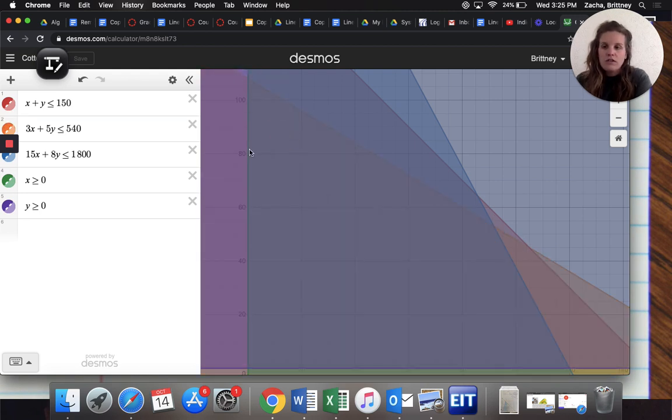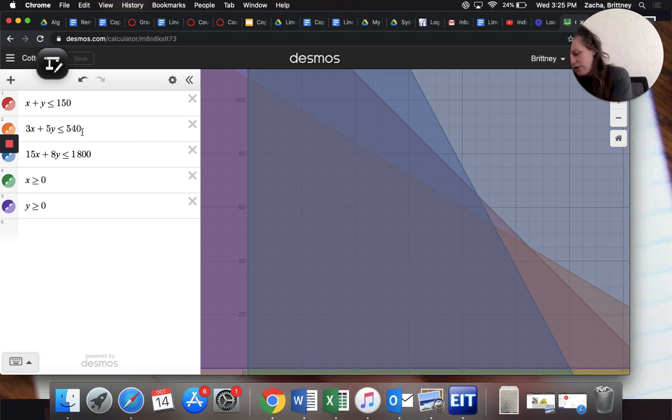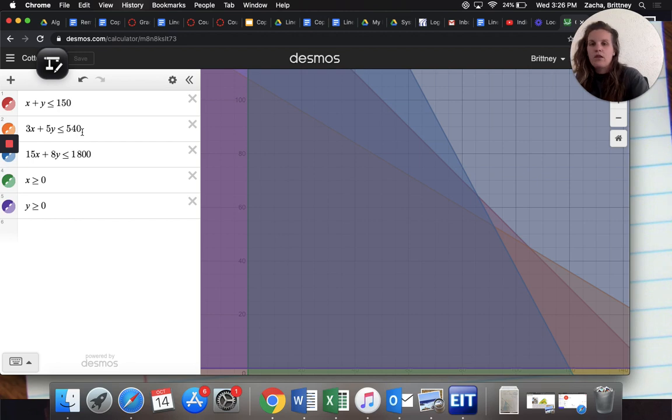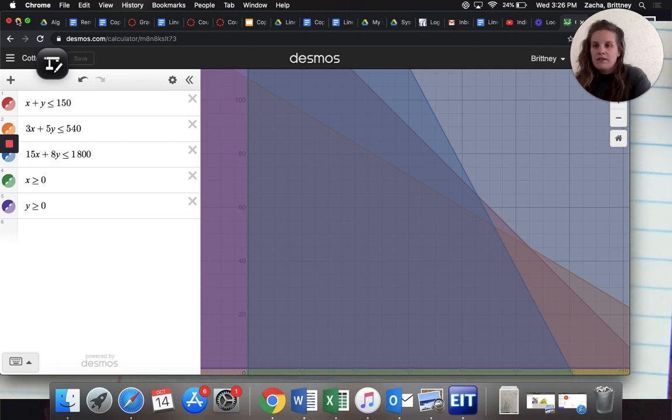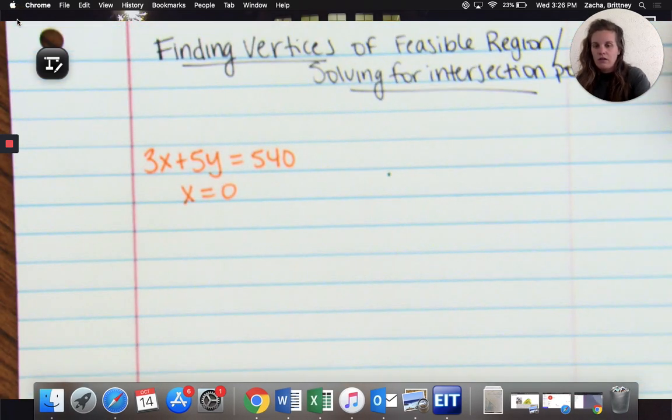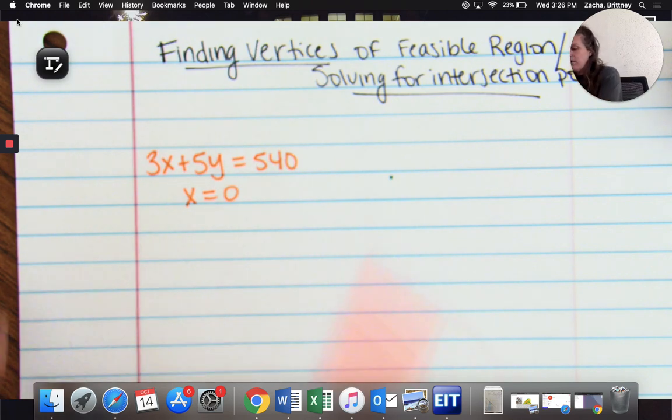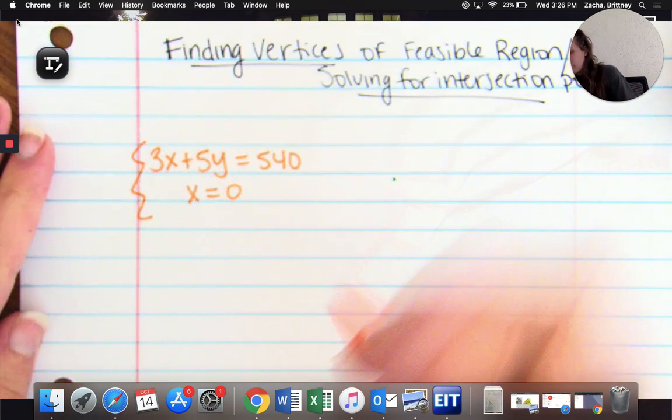So orange crossing green, I need my 3x plus 5y. You can write that down as I write it, and I'll switch it over in a second. 3x plus 5y equals 540. And then my green line will just be x equals 0. Let me minimize this for you. So that should be the setup for system 1.